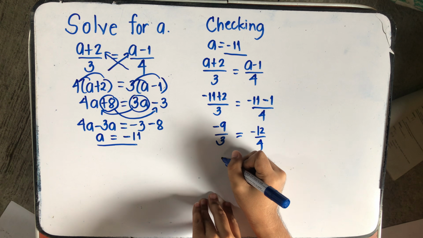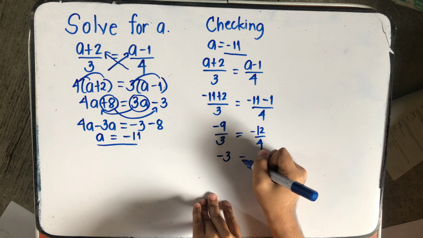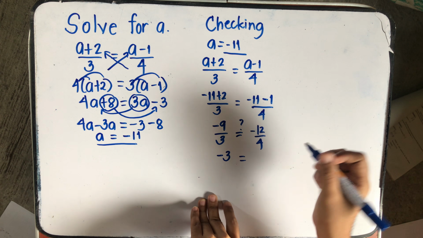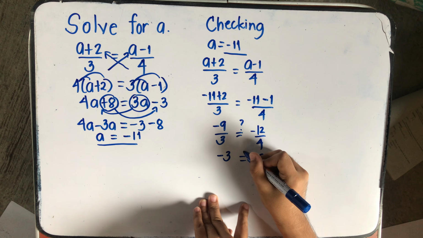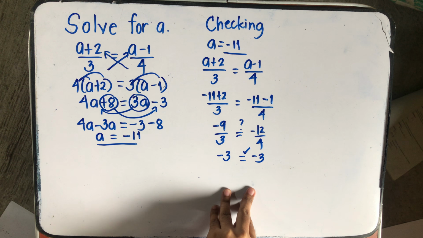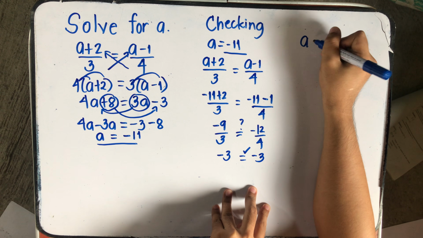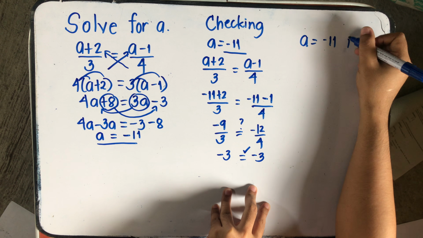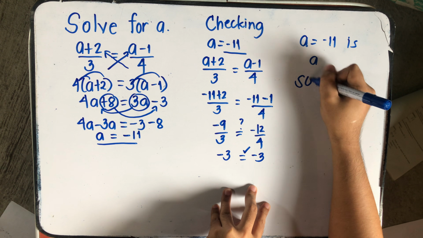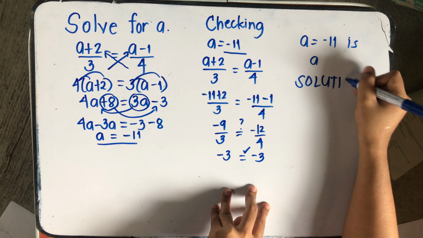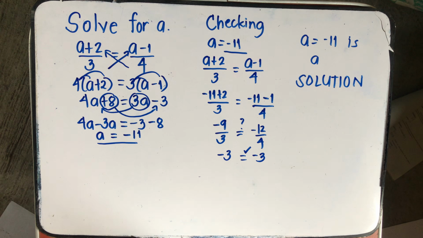Negative 9 over 3 is negative 3. Negative 12 over 4 is also negative 3. Therefore, negative 3 is equal to negative 3, and a is equal to negative 11 is a solution. So, that is the answer.